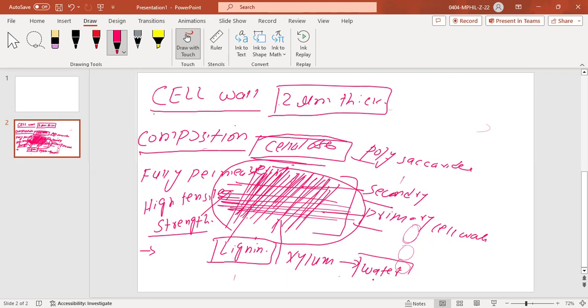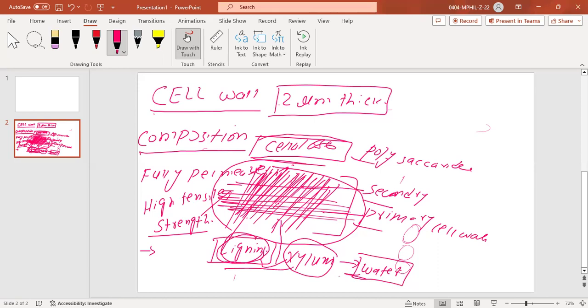This water pressure makes the xylem more strengthened by having lignin as an additional chemical. So all other structures do not have lignin.